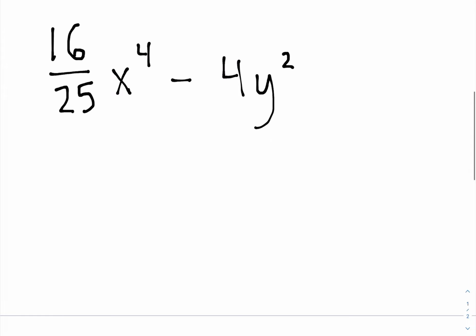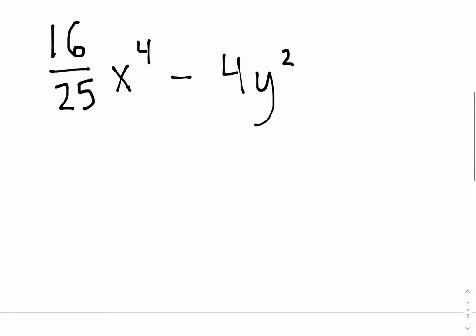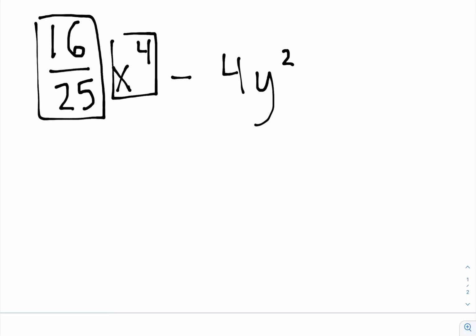There's not a lot of nice whole numbers to start, but these are in fact a set of differences of squares. 16 over 25 is a perfect square, even though it's a fraction. X to the fourth is x squared squared, right? X squared raised to the second power, so that's a square. 4 is a square, it's the square of 2, and y squared is the square of y.